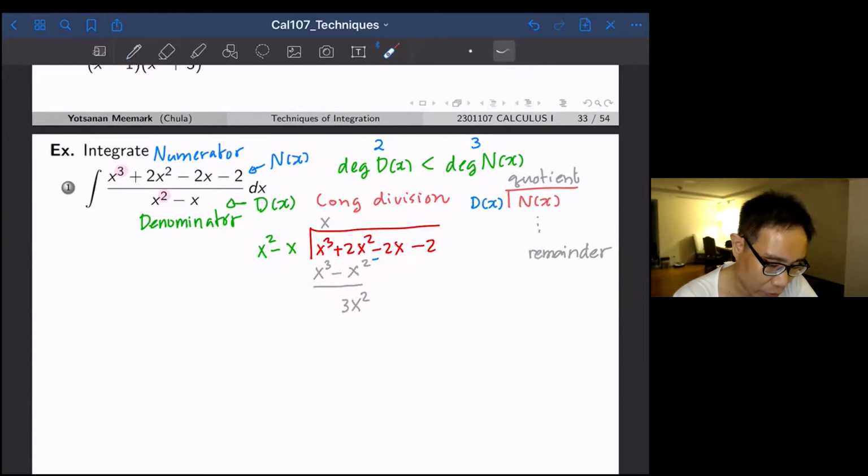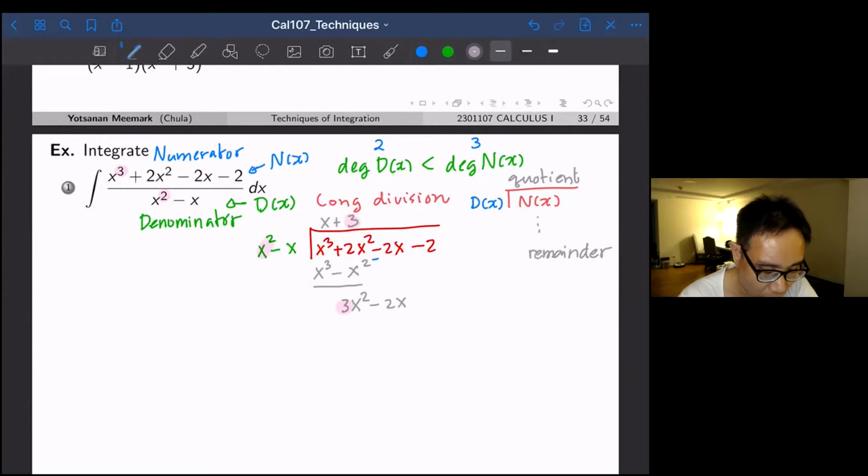So we just have 3x squared, and you pull down the minus 2x. Then x squared divides 3x squared, so you get plus 3.